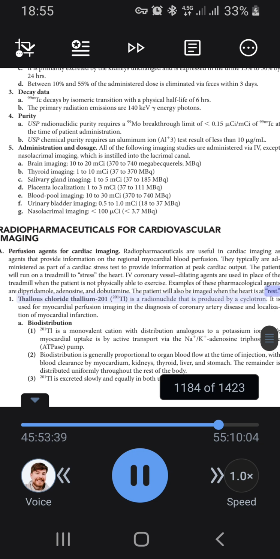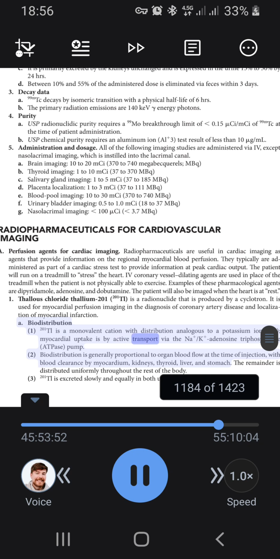A. Thallous chloride, thallium-201 (201Tl), is a radionuclide that is produced by a cyclotron. It is used for myocardial perfusion imaging in the diagnosis of coronary artery disease and localization of myocardial infarction. 1. Biodistribution. 201Tl is a monovalent cation with distribution analogous to a potassium ion.